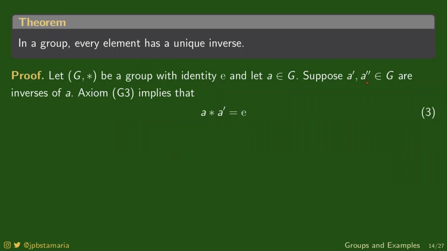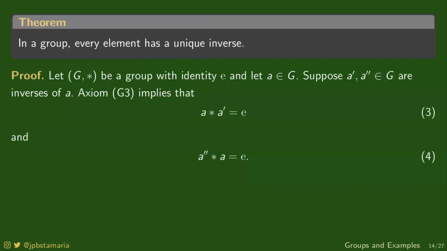Also, because A double prime is an inverse of A as well, kapag multiply ko rin yung A double prime sa A, whether from the left or from the right, it's the identity. Pero ang gagamitin ko na lang yung left multiplication. Pag multiply ko sa kaliwa yung A double prime kay A, ang lalabas identity rin, because A prime, A double prime are inverses.